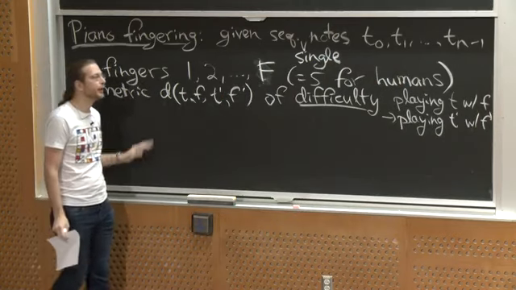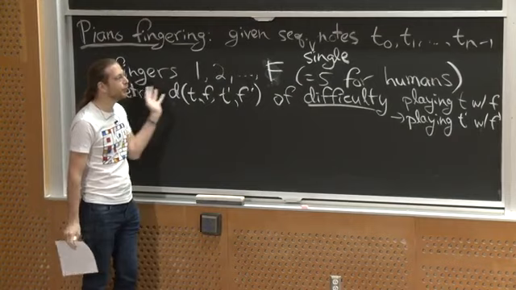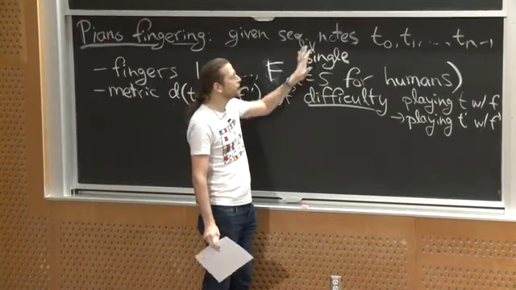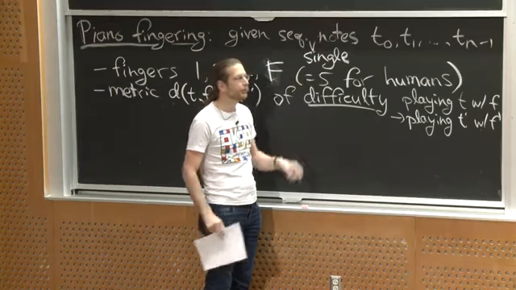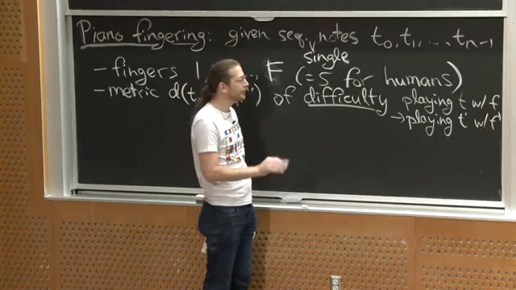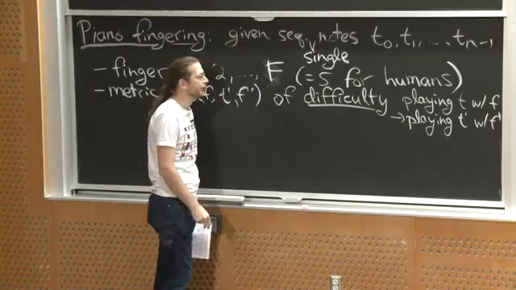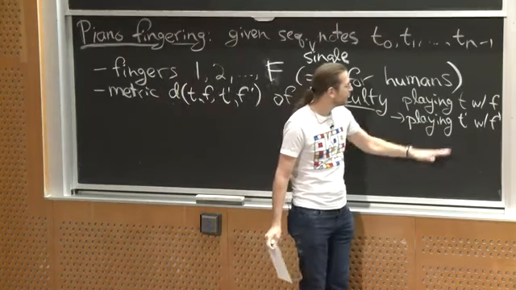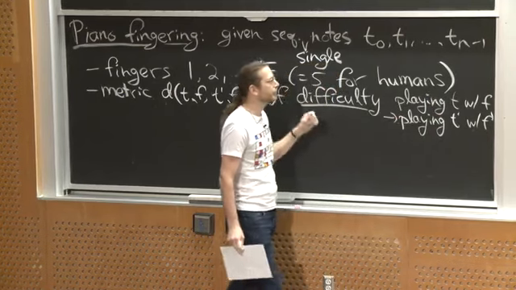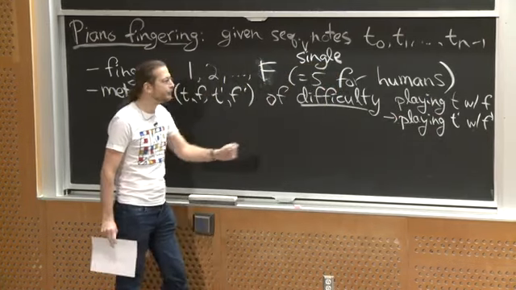I'm not going to worry about the difficulty of the whole piece other than saying, well, I've got to play this note, then I've got to play this note. And for now, just single notes. You play a single note with your right hand, then another single note with your right hand, then another single note with your right hand. Let's assume no pauses for now, no rests. And great, so we have this difficulty from going from the ith note to the i plus first note.